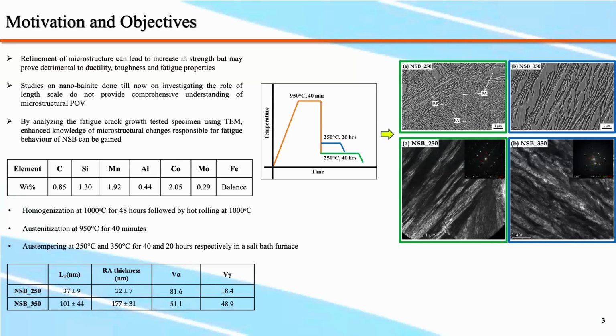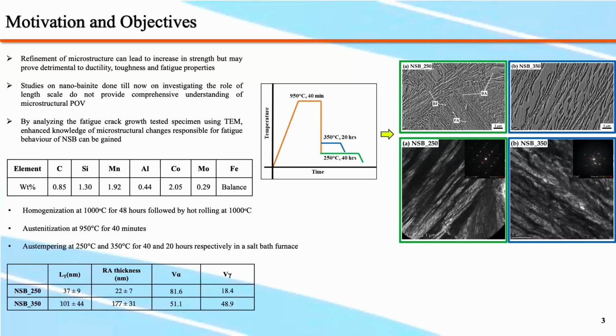As observed from the TEM images, the specimen austempered at a lower temperature, labeled NSB 250, showed dominance of ferritic laths, while the specimen austempered at a higher temperature had higher proportions of austenite.